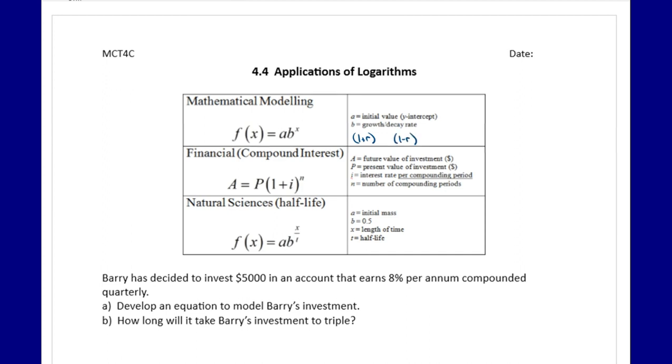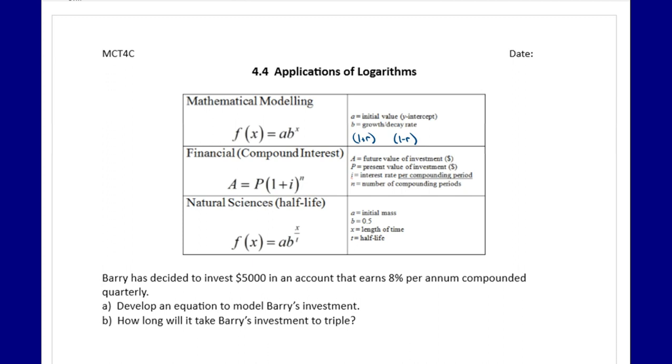We might look at some financial or compound interest. A is the future value, P is the present value, I is the interest rate per compounding period, and N is the number of compounding periods. And in the natural sciences, like half-life, we talked about that in terms of radioactive material.